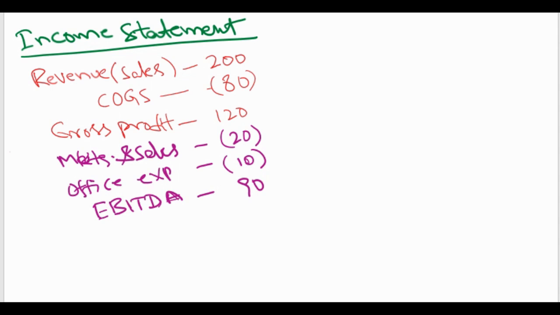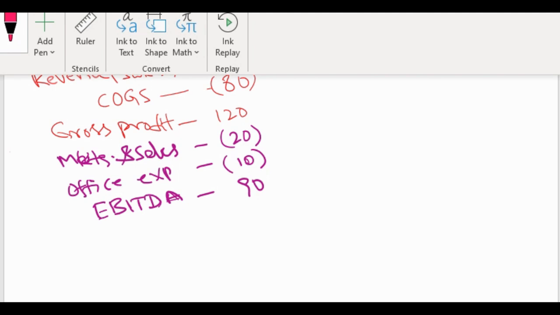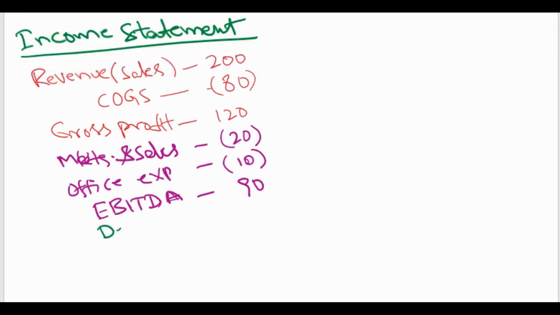So now what we do? We will go ahead and deduct the other two things, that is depreciation and amortization. So let's say depreciation we will reduce around 10 million, and amortization for the time being, let's say 0, there is no amortization.